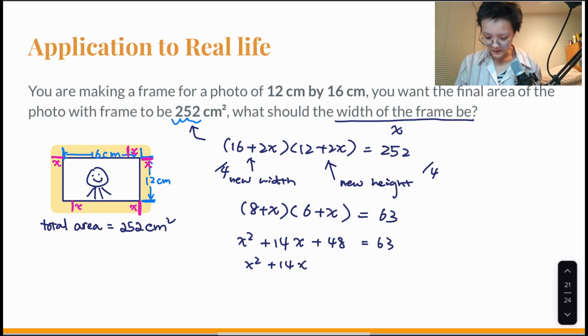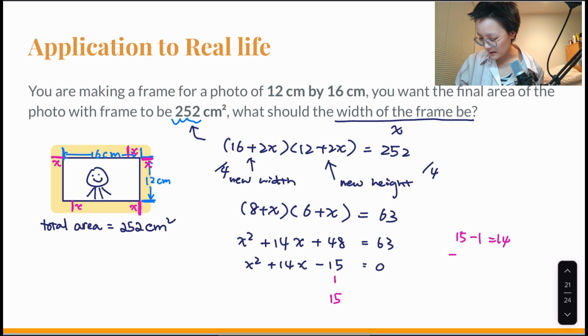What is 48 minus 63? That is negative 15. Okay, nice. In this case, I feel like we could do some factorization because 1 times 15, and also 15 minus 1 equals 14, right? Okay, let's see. 14 minus 1 equals 14.